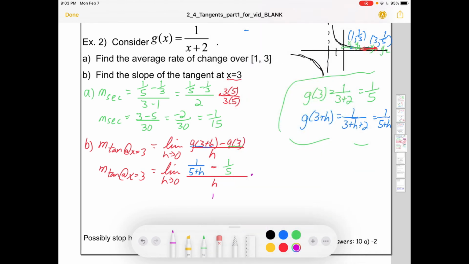Okay, I'm going to multiply the top and the bottom by 5 plus h. This is not the only way you can deal with these nested fractions, but I think it's pretty slick.